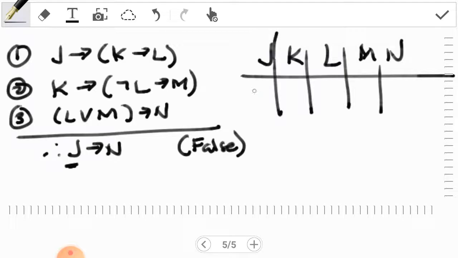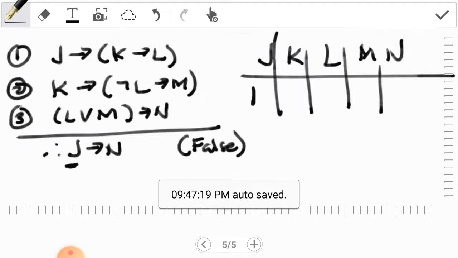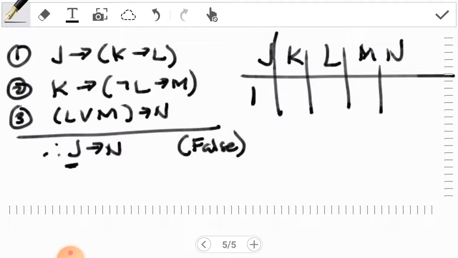If J cannot be false, then we have no other choice but to set J to be true. If J is true, N cannot be true, because true implies true will make the entire statement true. But we want the entire statement to be false, therefore we must set N to be 0 or false.